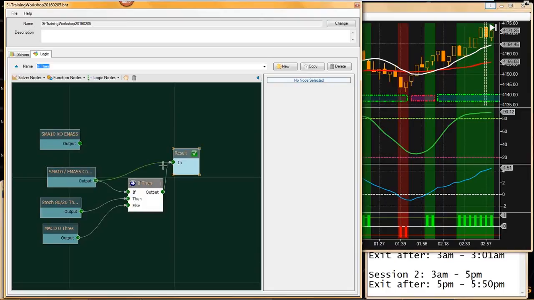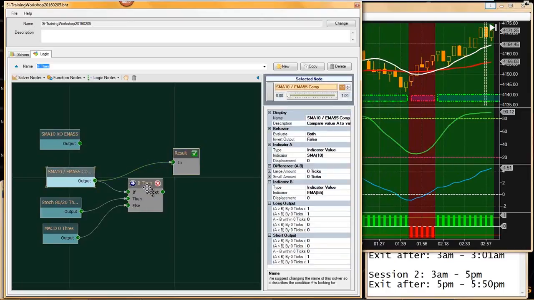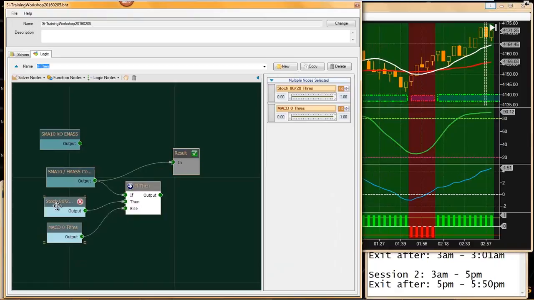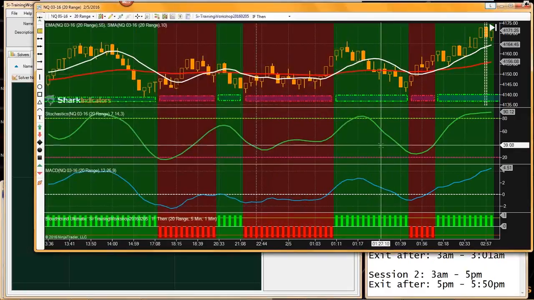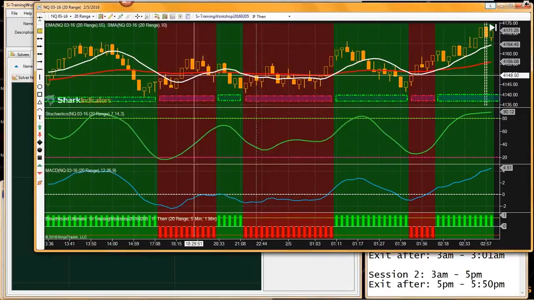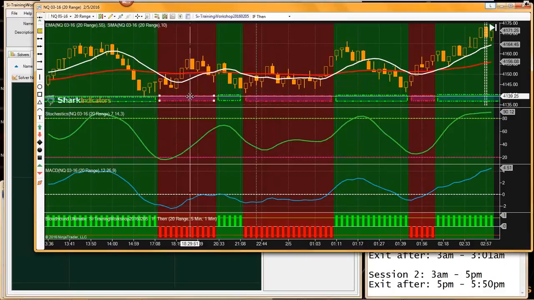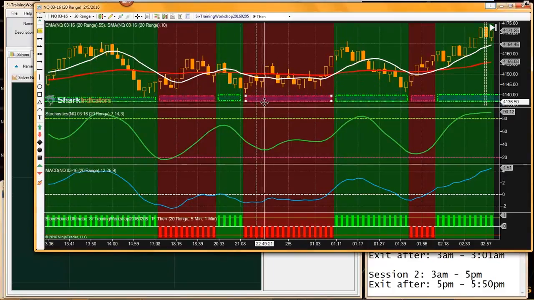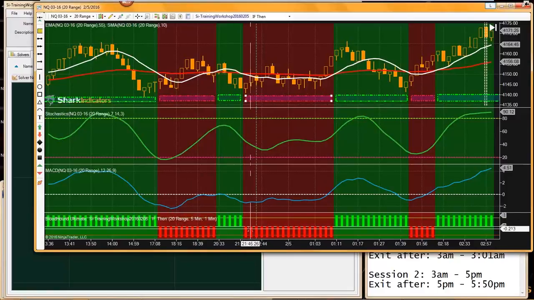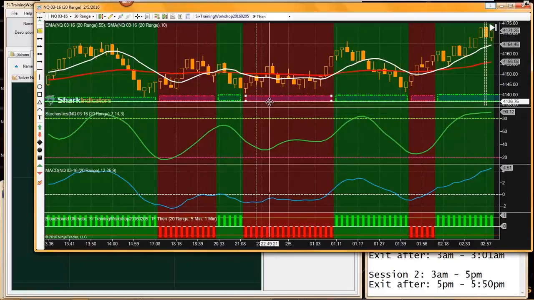So just as a reminder, start off by looking at what's going into the if. Remember, I drew the colored rectangles here, so that tells us whether it's a long signal or a short signal going into the if, right?